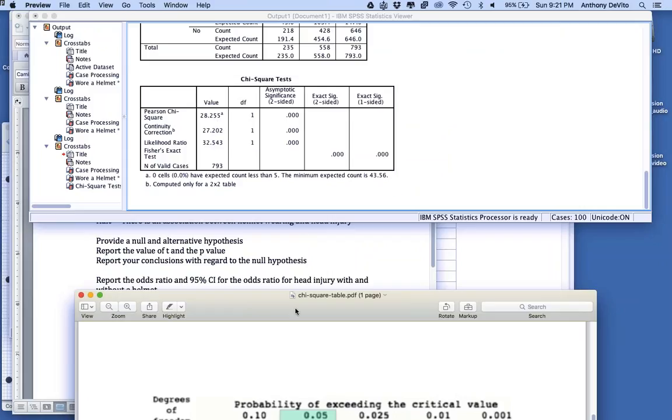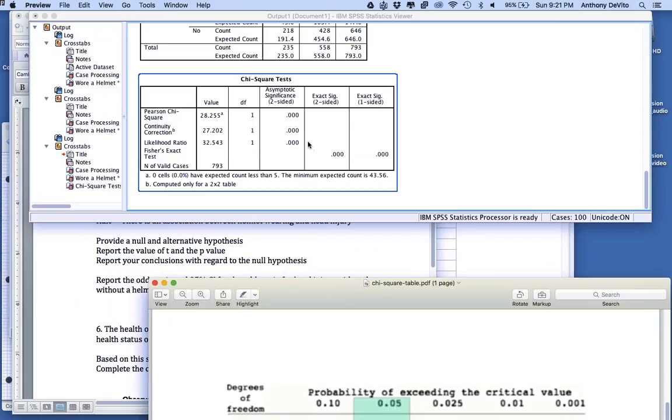Now, SPSS actually goes a step further, and it gives us the real probability of having this big a chi-square value, this big a difference between the exposures, happening by chance. And as it happens, it's less than 0.001.